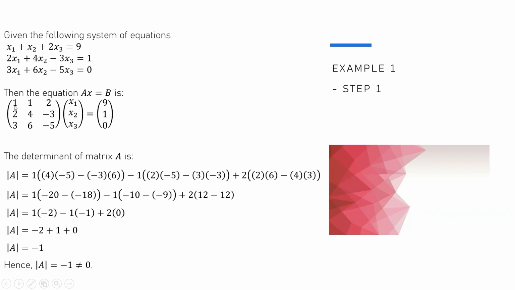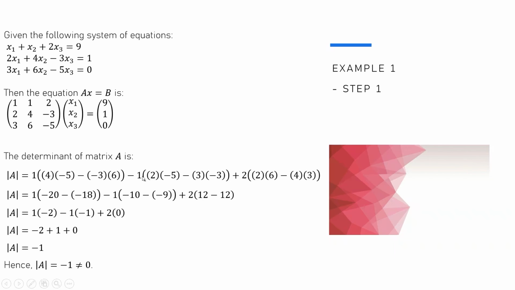Here we will be looking at the first row of matrix A. So we will have 1 times 4 times negative 5 minus 3 times negative 3 times 6. Okay.